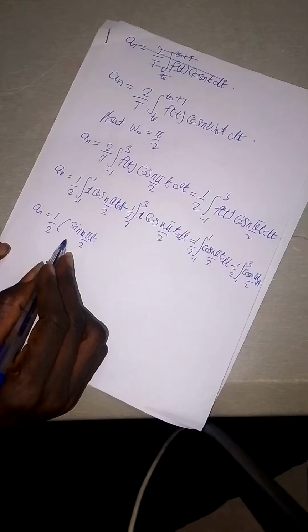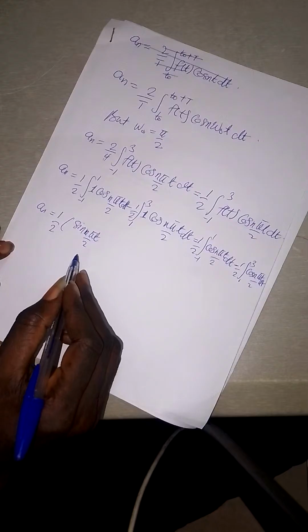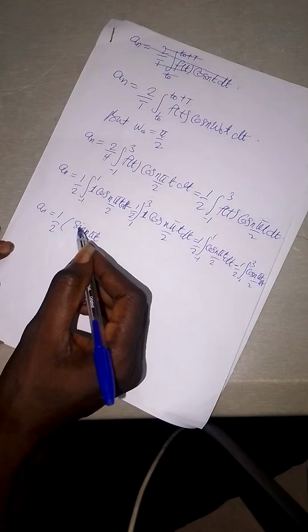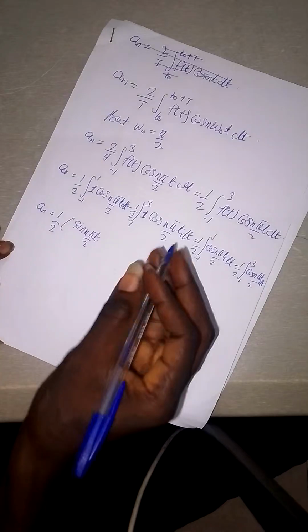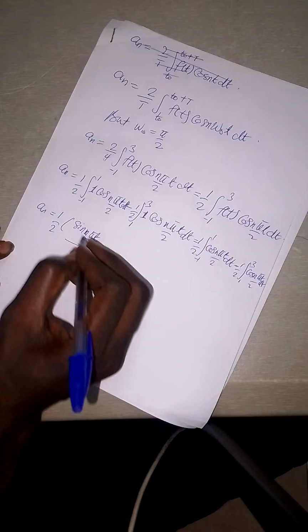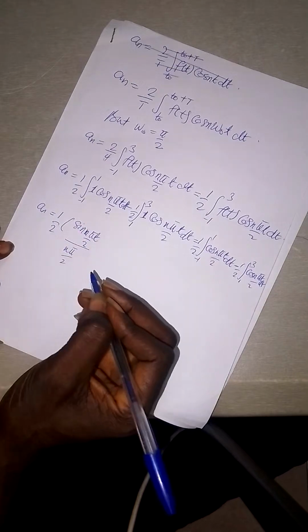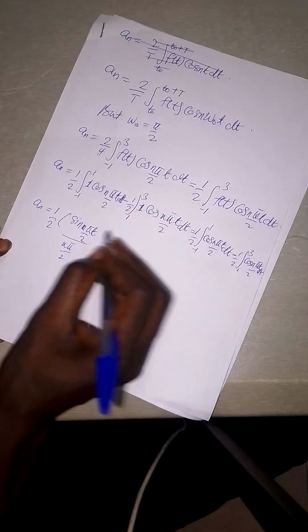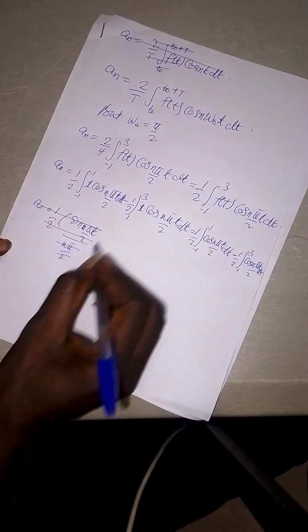If I divide by n pi over 2, then the 2 will come up and the n pi will come down. So this is going to be divided by n pi over 2.